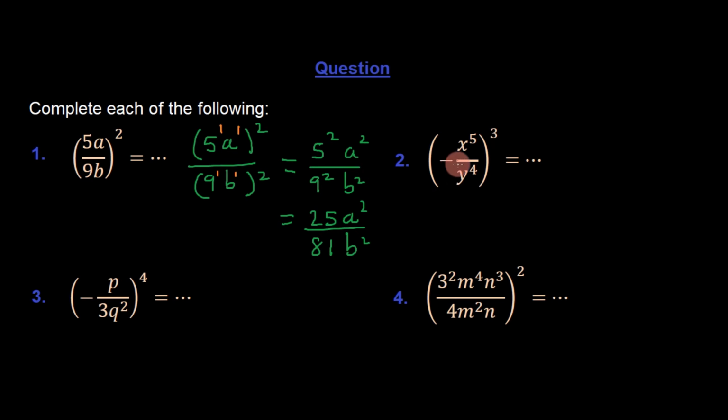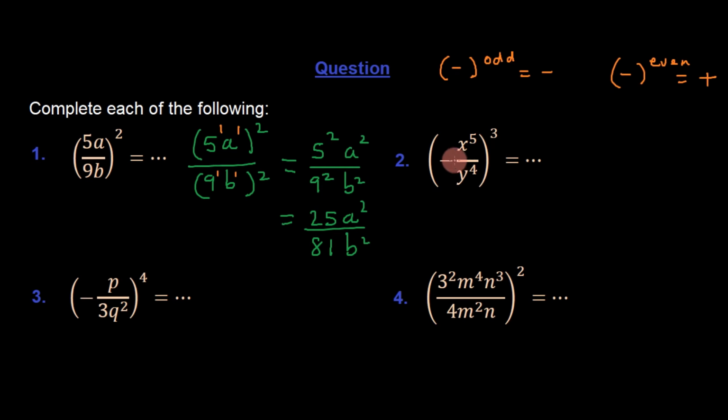In number 2, we have a slight complication in the sense that we have a negative inside the brackets. Now, the negative, by the way, means that we have -1 as a coefficient here. What's important to know here is that any negative number raised to an odd numbered power will be negative, and any negative number raised to an even numbered power will be positive.